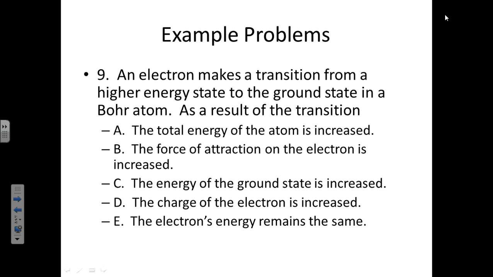What's our answer? Yeah, B, right? Because the electron is moving from far away from the nucleus to close to the nucleus, right? And when you get close to the nucleus, you start getting held on too tight.